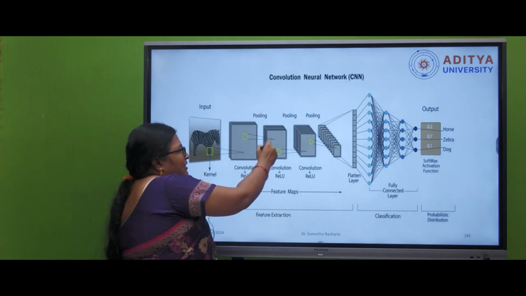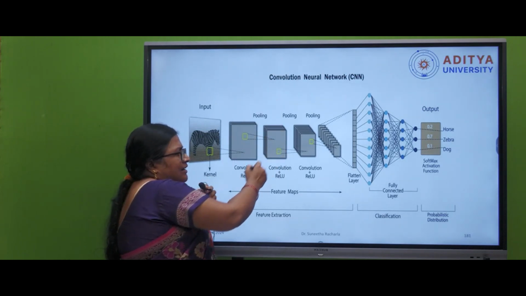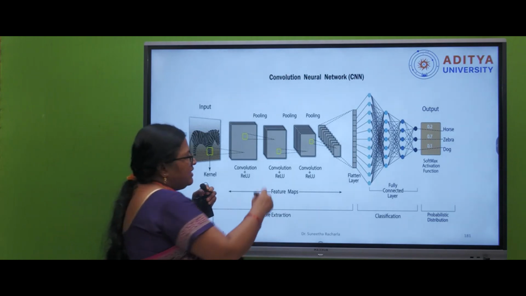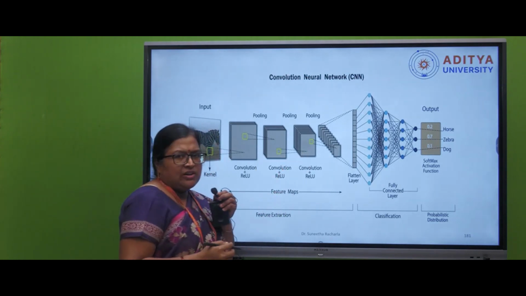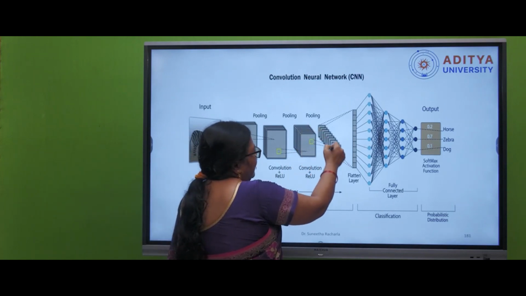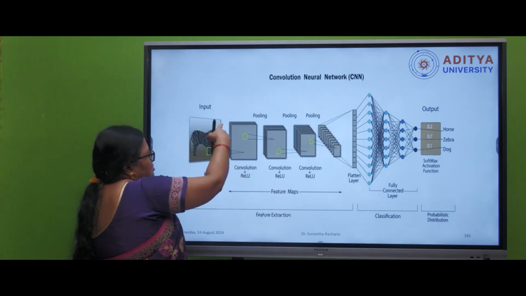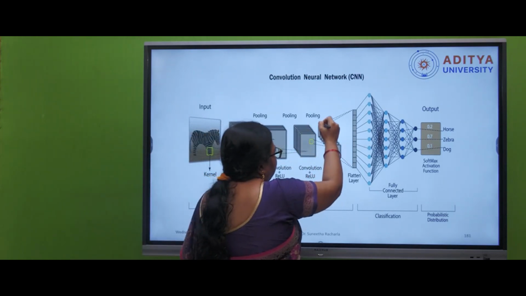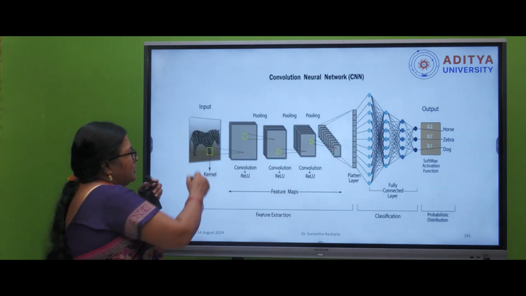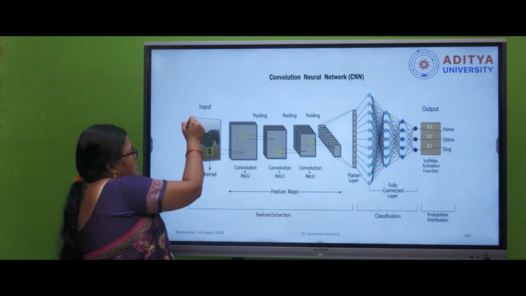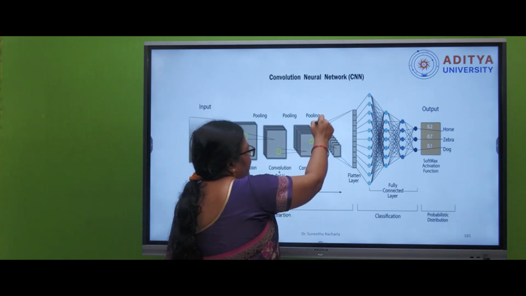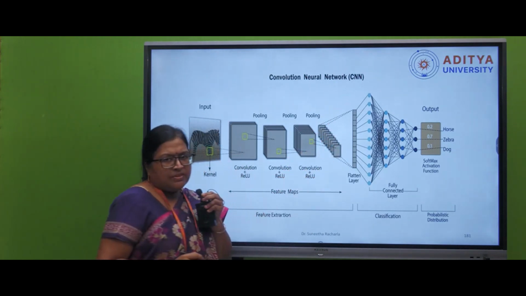Again I'll move that kernel over the complete image, and wherever exactly that feature is, I'll do the convolution operation, and again I'll apply pooling. Finally, from this much bigger image I got only these simple slides. Here the wastage is completely removed, and finally I got only the important features.